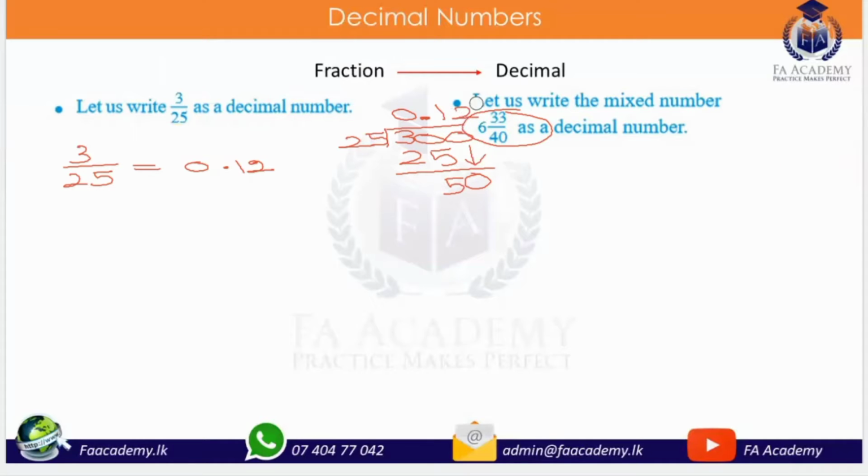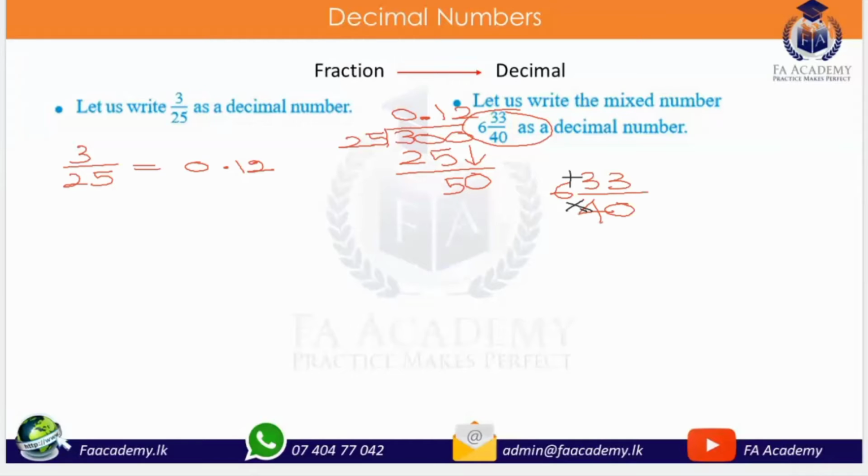If you have 3 numbers, it is known as a mixed fraction. You can see this. It's a mixed fraction. How can we convert a mixed fraction into a decimal number? The very first target is to convert this mixed number into an improper fraction. The easiest way is to multiply the denominator by the number in the middle and add the numerator to it.